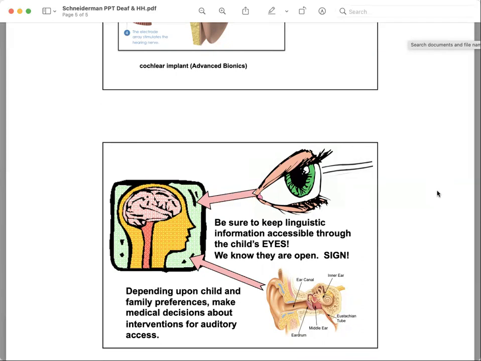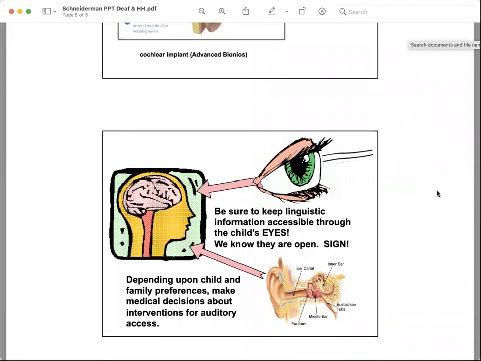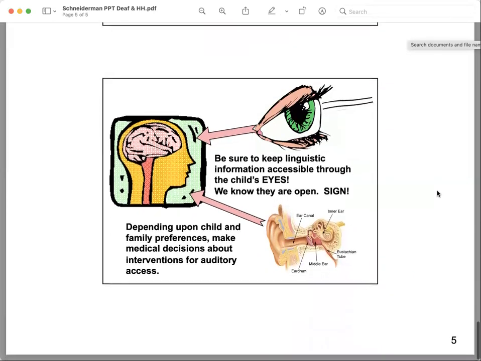If they're still signing, language processing and stimulation are still occurring, and sign language is available. The decision to expose a child to American Sign Language doesn't mean that a parent needs to stop exploring other options too. To keep the sure thing going, keep visual access, keep signing. That's the bottom line here.